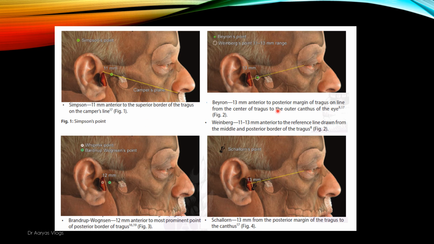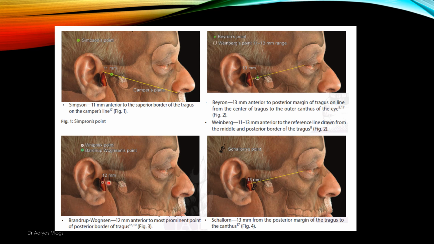Okay. So what is the Bayern's point? Also already discussed. Then Weinberg's point. This is 11 to 13 mm range. It is anterior to the reference line drawn from the middle and posterior border of the tragus. This one is the Weinberg's point. Then Brandrup-Wangson's point.